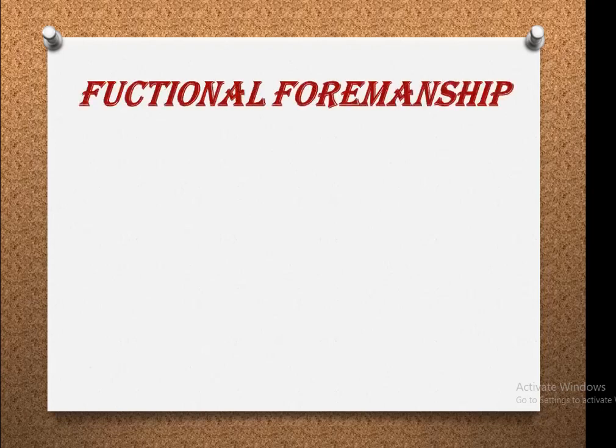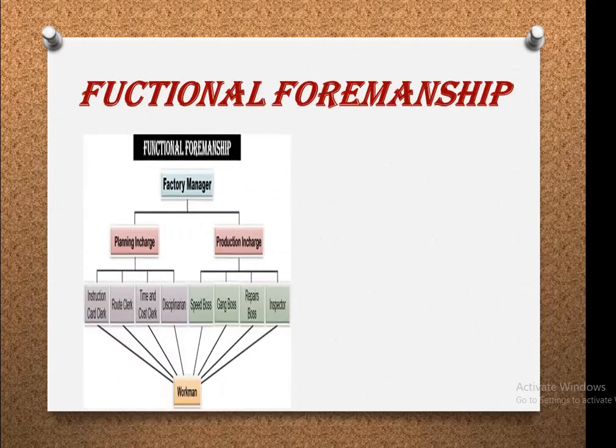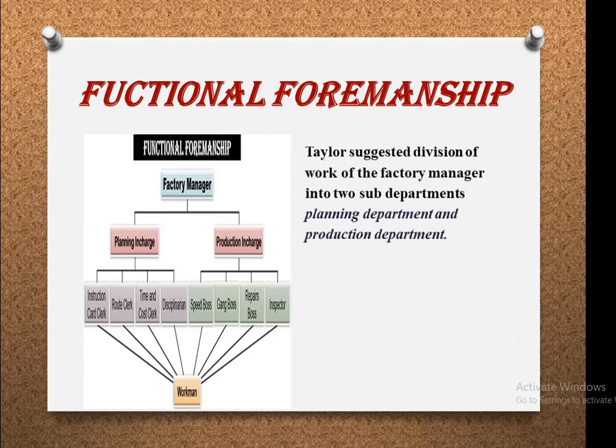Now, the first technique is functional foremanship. In this technique, Taylor suggested division of work into two departments: planning department and production department.